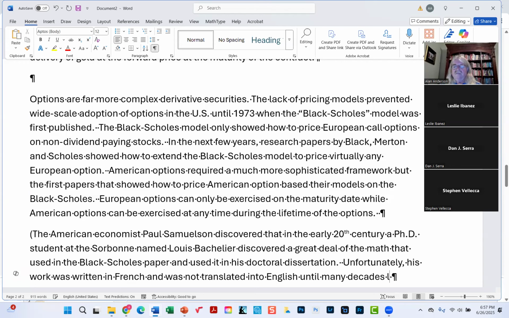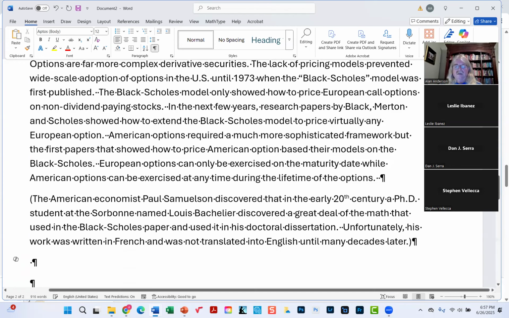So, in other words, Samuelson announced to the world, listen, this Black-Scholes paper is wonderful, but guess what? Louis Bachelier discovered a lot of this, what they wrote about 70 years ago, and nobody knew anything about it. But now we do. So it's too late for Louis, but we now know that Louis Bachelier was one of the important discoverers, I guess, of what is now known as modern option pricing theory.